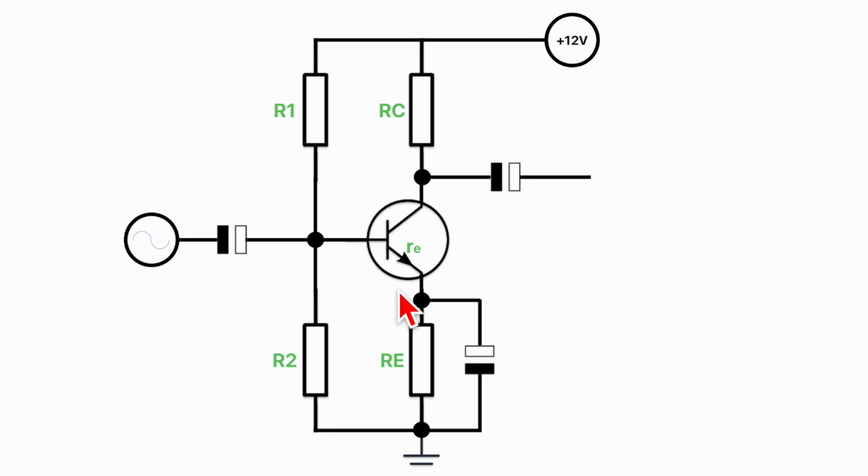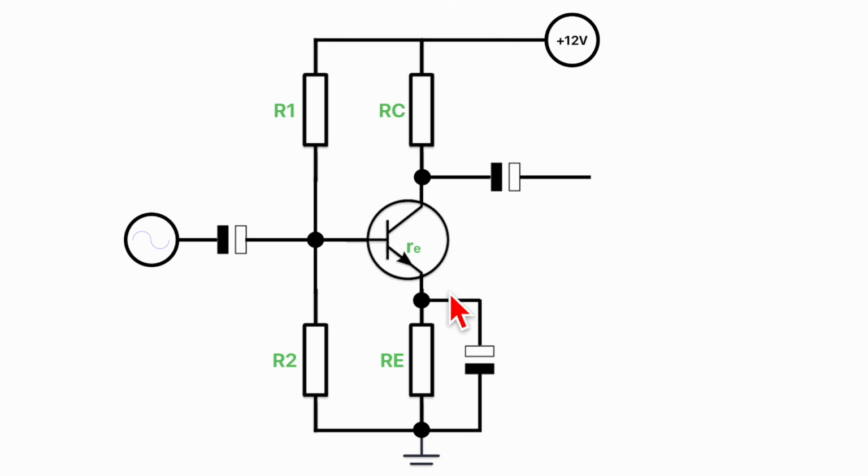I'm sure we're aware of how a transistor works. This is a 2N3904 NPN small signal transistor, and a small current on the base will result in a much larger current flowing between the collector and the emitter.